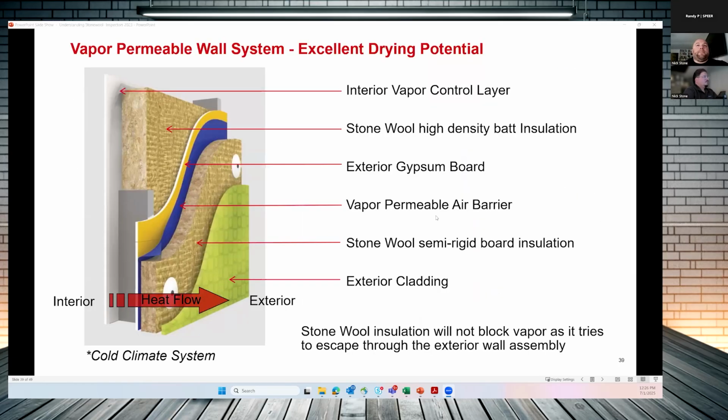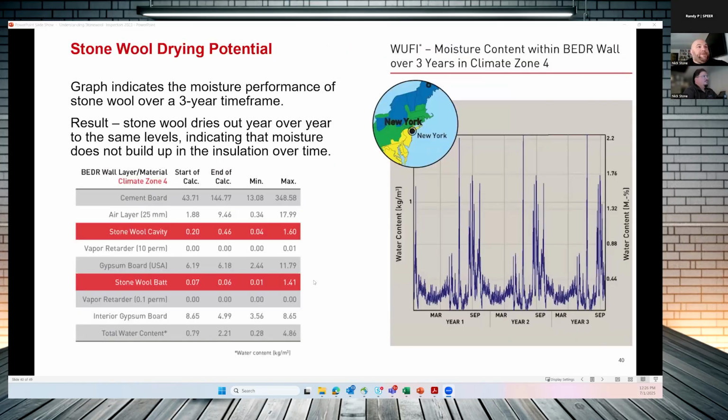And the last thing I'm going to add before we jump into some of these details is we do offer WUFI analysis. So if you're ever looking to figure out, within this design that I'm building, within this zone, within this elevation, am I at risk or am I reasonably in a good location to make a pretty durable wall assembly?